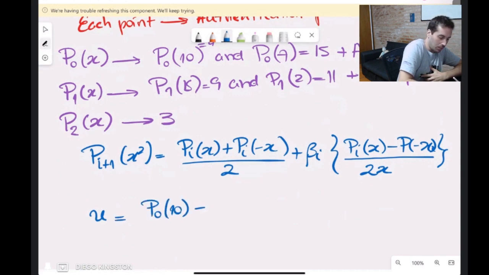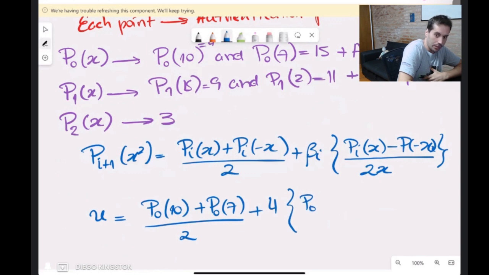And so, for example, we have this value which we will call u, which is (P0 of 10 plus P0 of 7) divided by 2, plus beta. For our first step, we said it was 4. So it is (P0 of 10 minus P0 of 7) divided by 2 times 10.